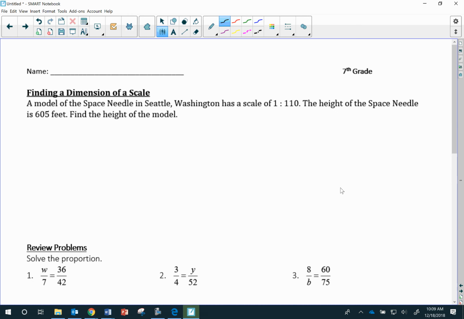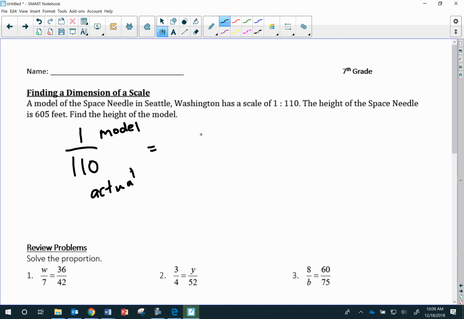All right, moving right along, we've got a word problem here about the Space Needle in Seattle. So a model of the Space Needle in Seattle, Washington has a scale of 1 to 110. The height of the Space Needle is 605 feet. We're finding the height of the model. So we're going to have 1 over 110. This is our model. This is our actual height.